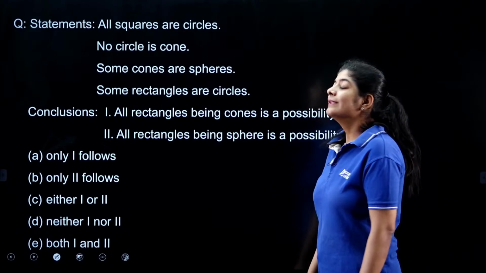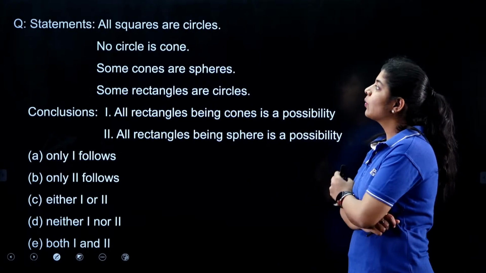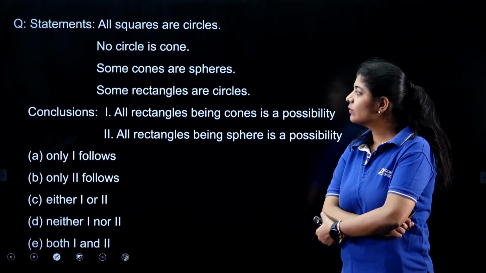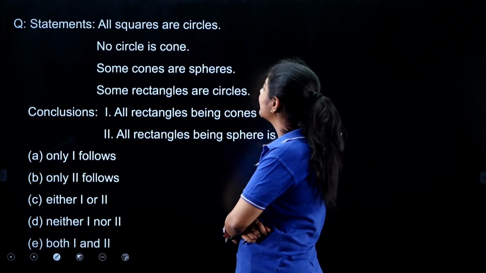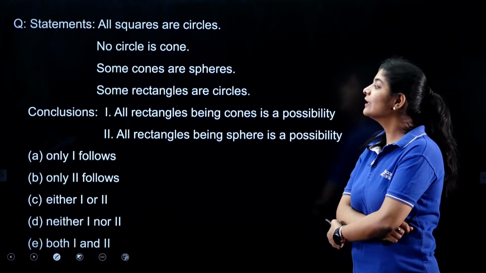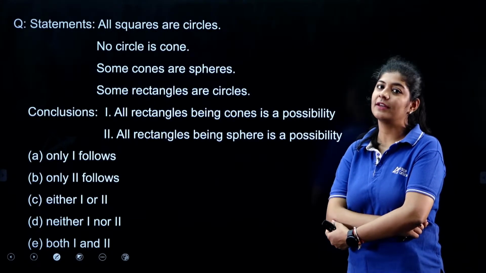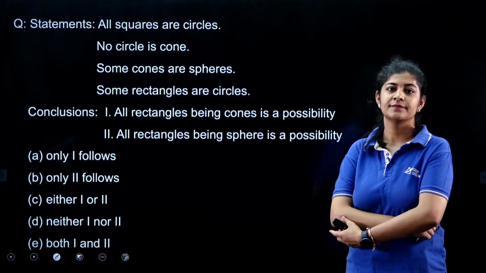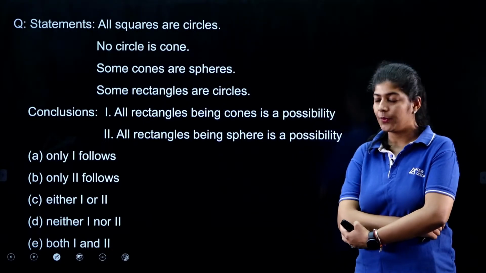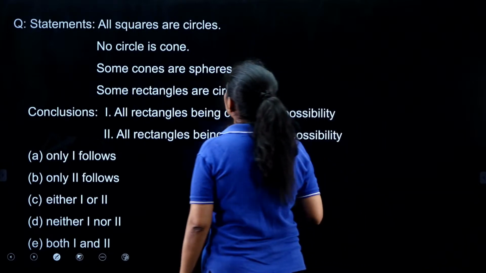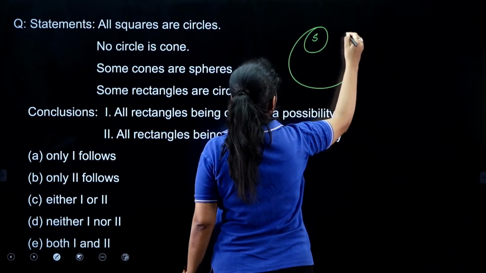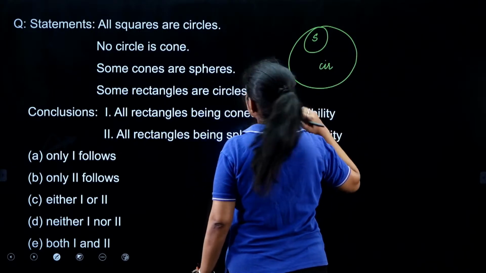Next. The next statements are: all squares are circles, no circle is cone, some cones are spheres, some rectangles are circle. These are my statements, and accordingly I just simply need to check the conclusions. Okay, let's start drawing the diagram. So all squares are circles, right?